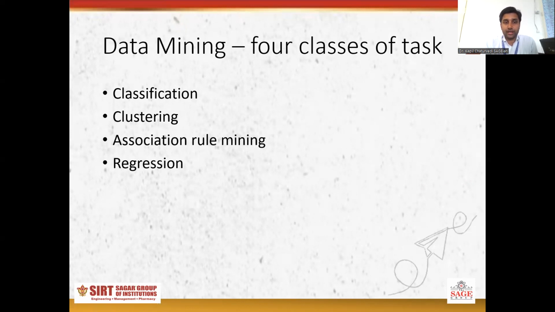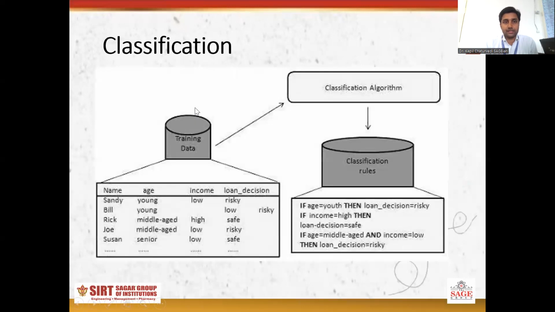That is association rule mining. And the last one is regression, which tells you how much two activities, two items, or two different things are related to each other. So there are 4 classes of tasks. We'll discuss these tasks in detail in the next classes.